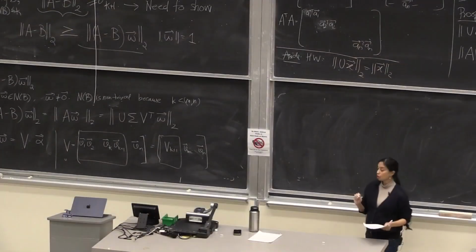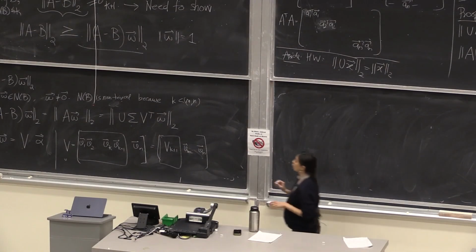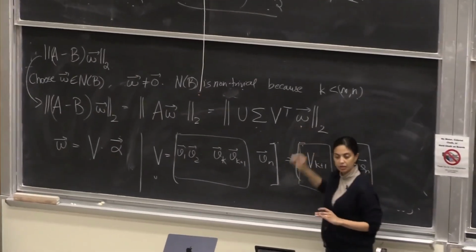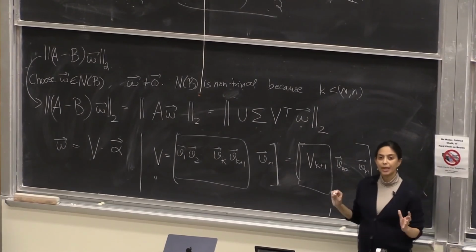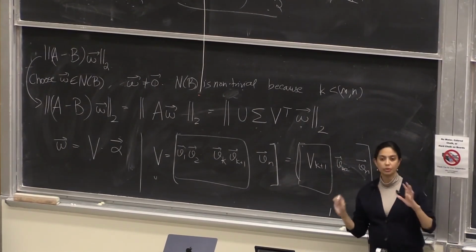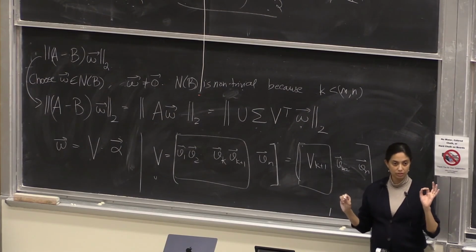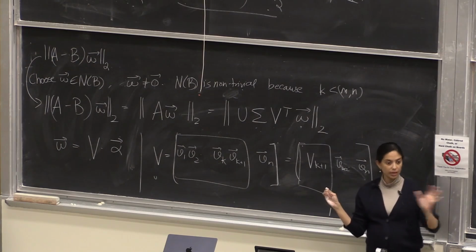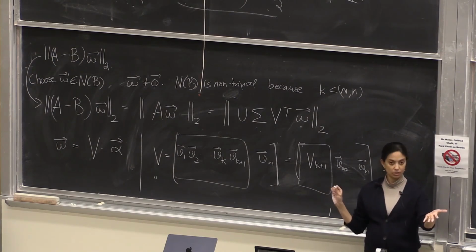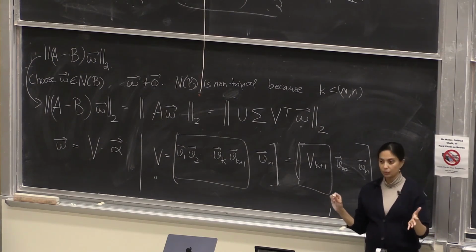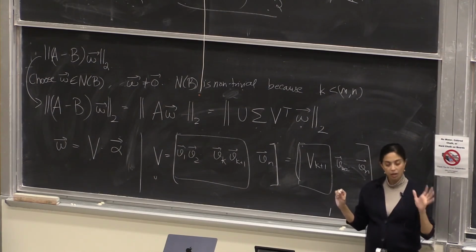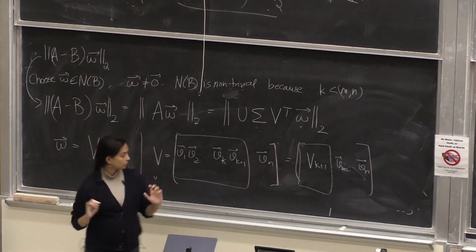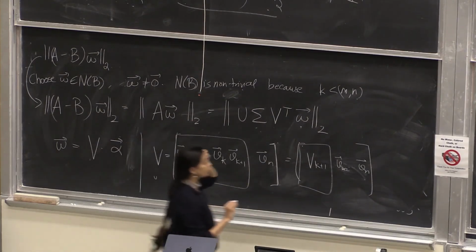Yes? So the question is, we know that W is in the null space of B, and why can't I just choose some W in the null space of B? We know some such vector exists, and then take that vector and express it in the V basis. Absolutely, that's one thing we can do. So if we take an arbitrary vector in the null space of B and express it in the V basis, what will we get?